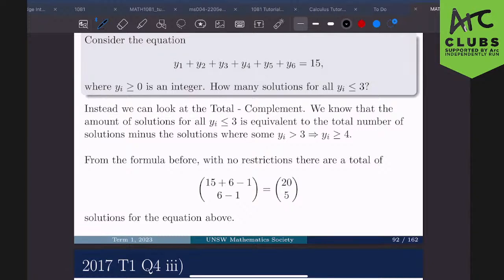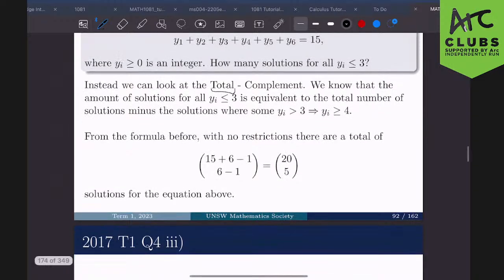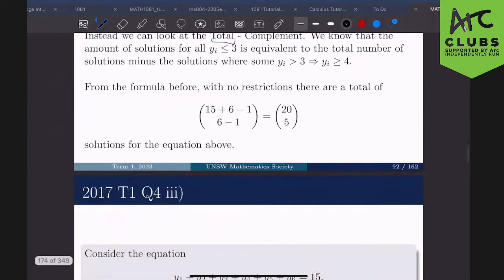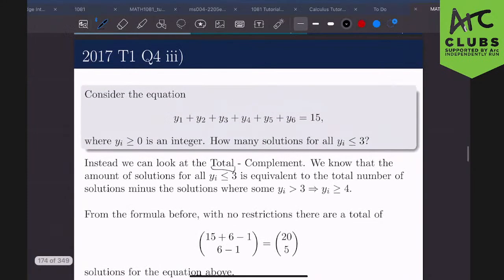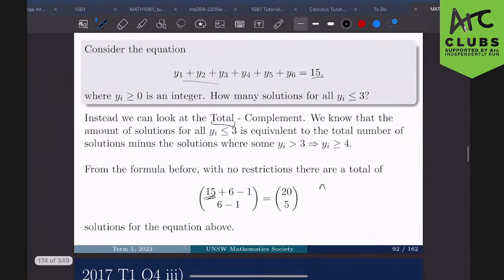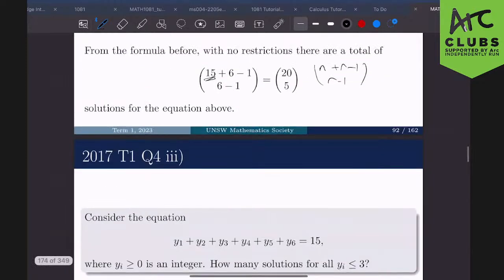So first we just find the total, and this is the total because we're using 15 here, and there's 6 y's. Then using the same formula from before, which you'll be familiar with, that's our total.